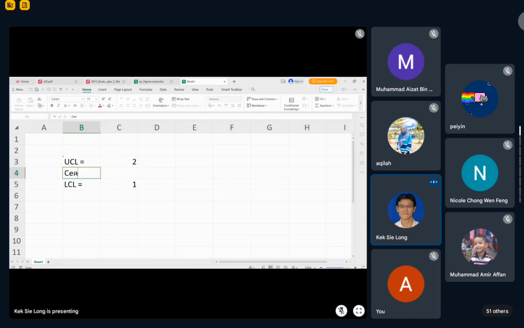The center line would be the line in the middle, so it's 1.5. This is the sample.